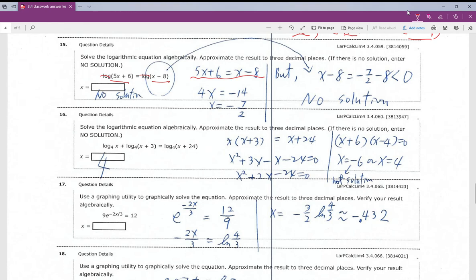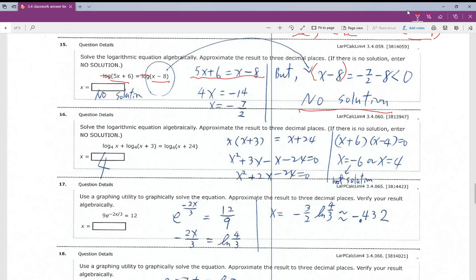The negative solution is okay, no problem. But you want to make sure that when you input, it is positive. However, x minus 8, this number minus 8 is not positive. So we say no solution.